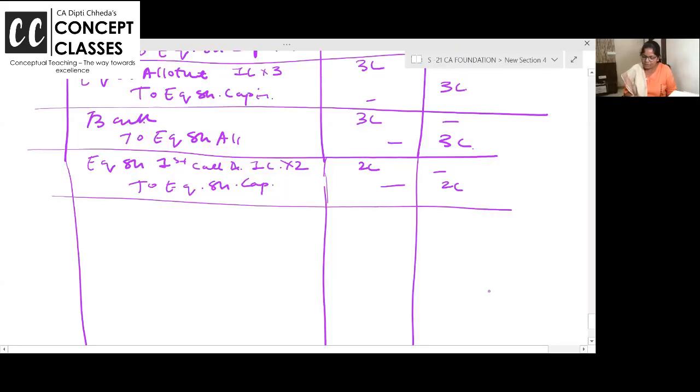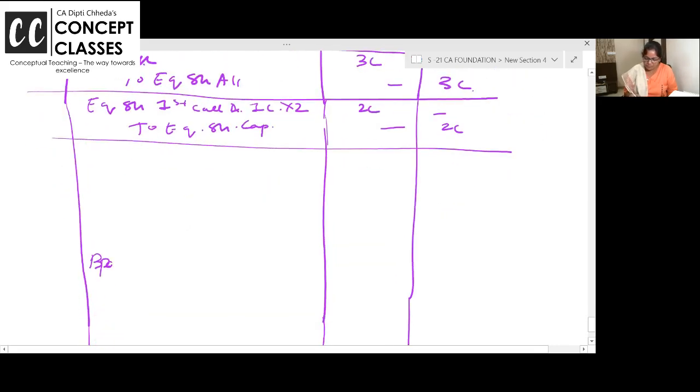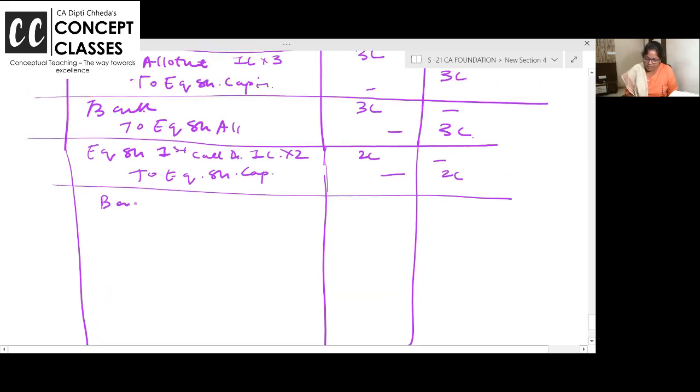Please come here. Equity share first call debit to equity share capital. Now, bank account debit to equity share first call.